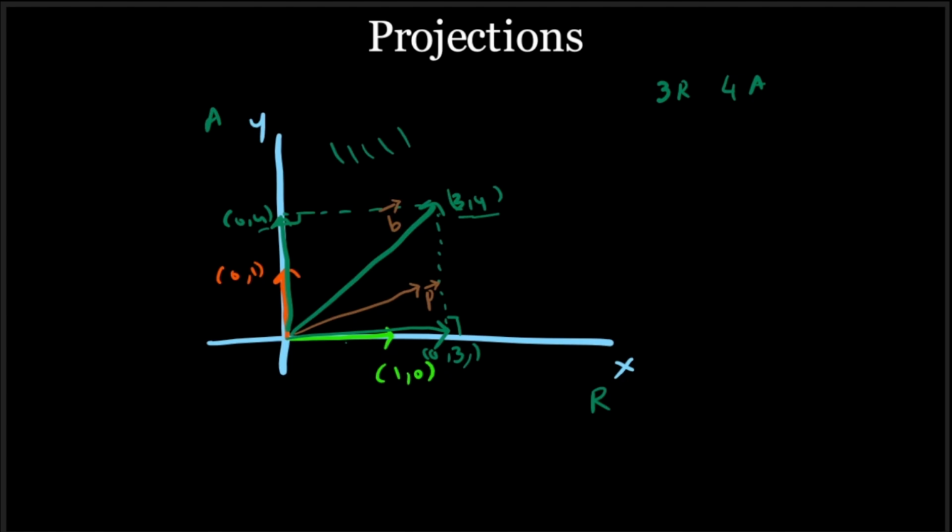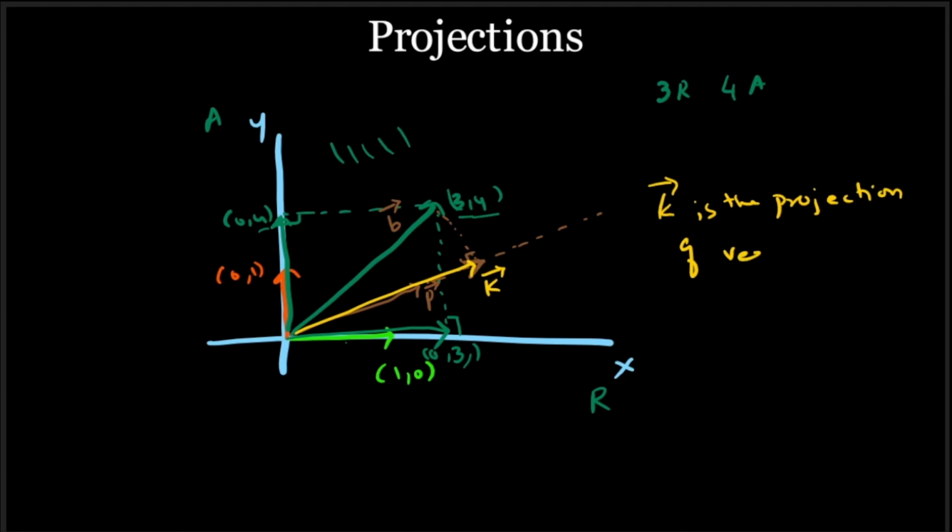Now I can figure out the projection of this vector b onto this vector p by simply drawing a perpendicular onto this vector p, and whatever new vector that I get, say k, this is the projection of vector b onto vector p. Like k is the projection of vector b onto vector p.